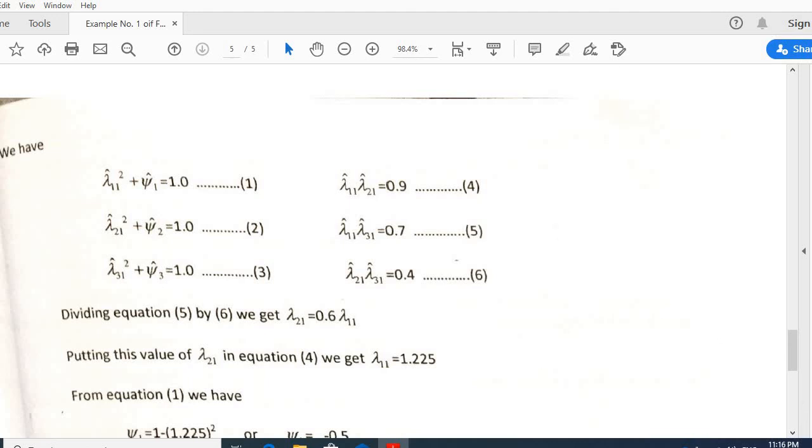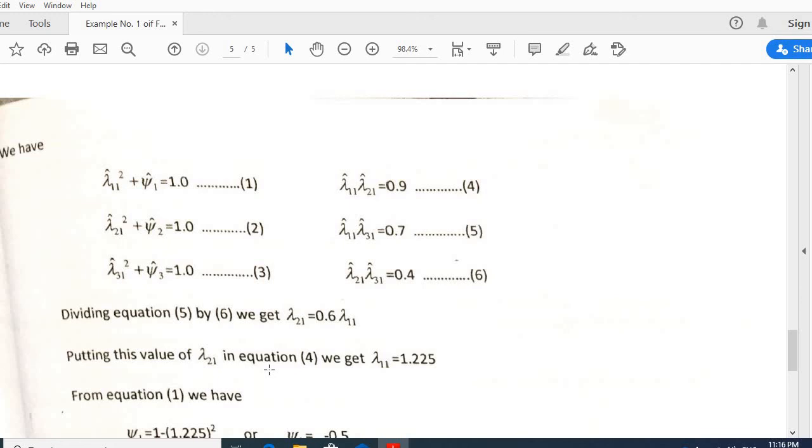Now from comparing the above two matrices, lambda 1 1 hat square plus psi 1 hat is equal to 1, lambda 2 1 hat square plus psi 2 hat is equal to 1, lambda 3 1 hat square plus psi 3 hat is equal to 1, lambda 1 1 hat lambda 2 1 hat is 0.9, lambda 1 1 hat lambda 3 1 hat is equal to 0.7, lambda 2 1 hat lambda 3 1 hat is equal to 0.4.